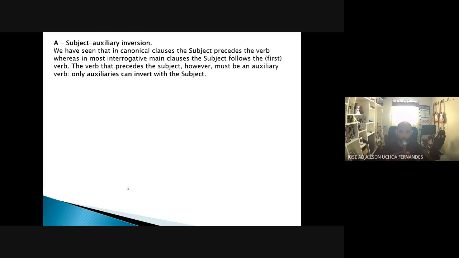So we have subject, verb, and complement, the regular structure of a canonical clause. Whereas in most interrogative main clauses, the subject follows the first verb. So the verb that precedes the subject must be an auxiliary verb. Only auxiliary verbs can invert with the subject.